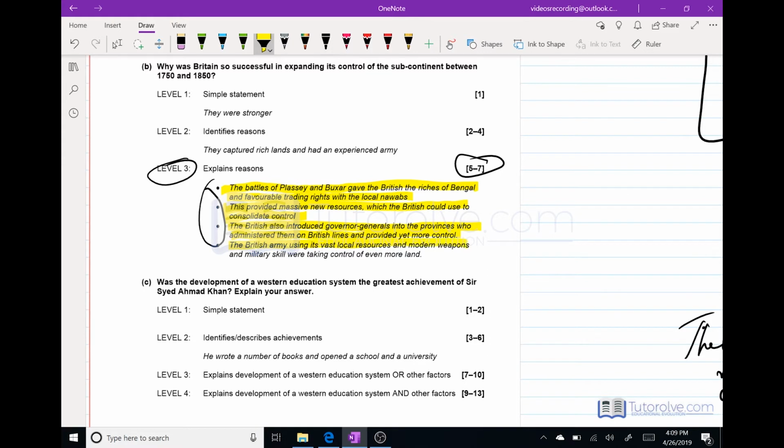And lastly, the British army was more modernized as far as weapons and skills were concerned, so it was easy for them to assert their control on the region.